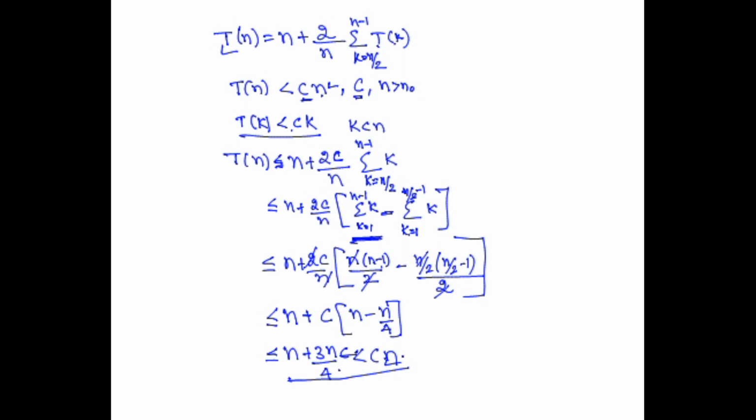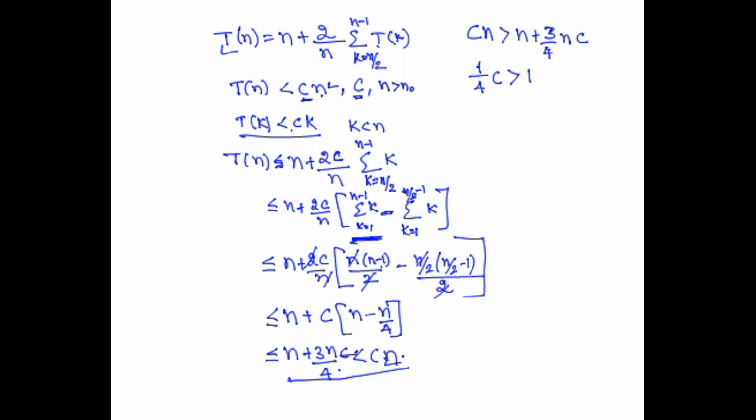So let me write here, c times n should be greater than n plus 3 by 4 n into c. So I cancel n on both sides and bring this c to the left hand side. So this is c minus 3 by 4 into c should be greater than 1.